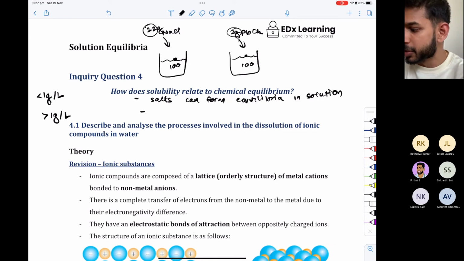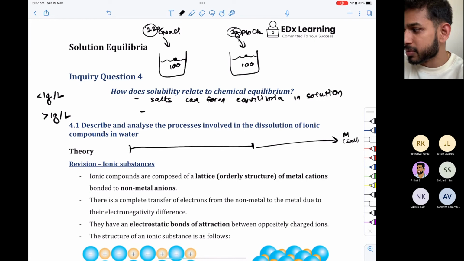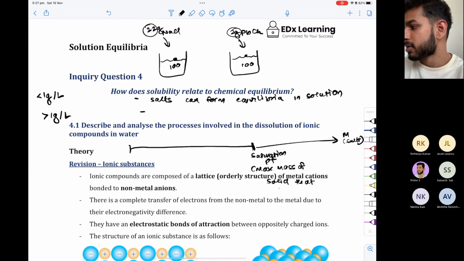So again, to explain things to you, with a salt, there is a huge mass. So imagine this is an x-axis of the mass of salt that can be added into a solution. There's a huge range until you reach saturation point, which is the max mass of solid that can be added to a solution without forming precipitate.